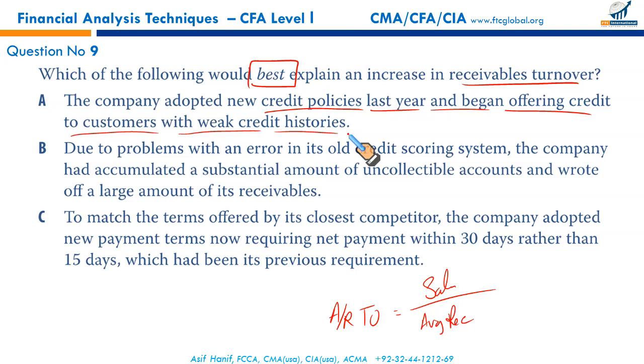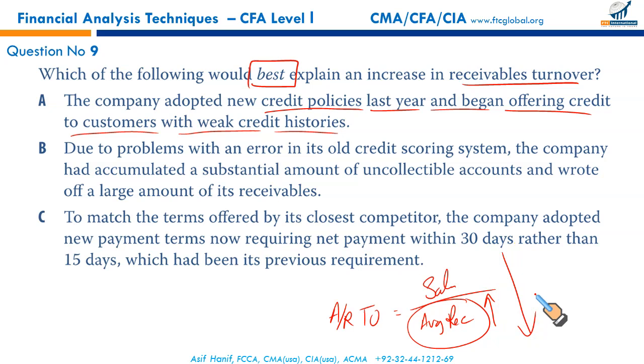Those who do not deserve credit were given credit. So when you sell to such customers, your customers are unlikely to pay you quickly. Resultantly, average receivable balance will swell. When this goes up, your receivable turnover will fall.